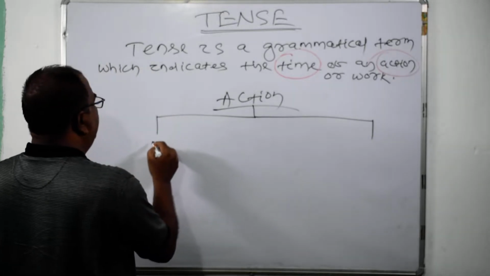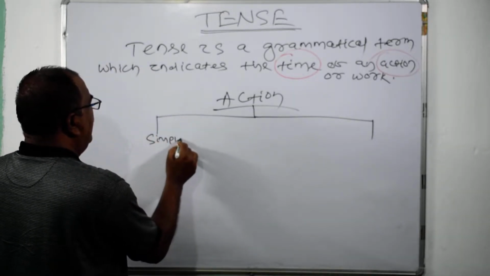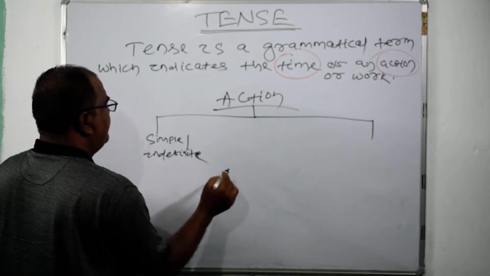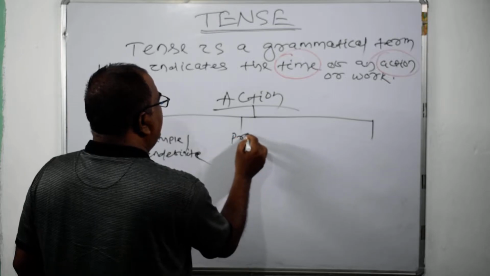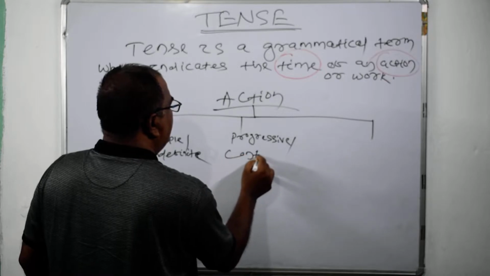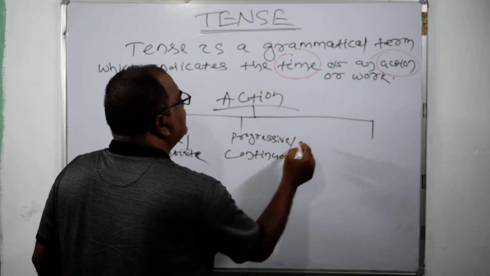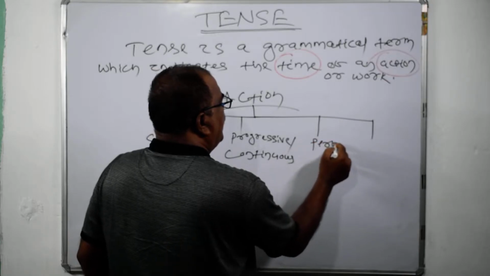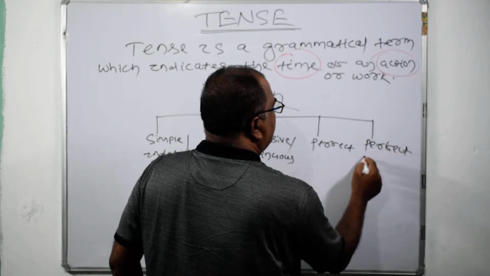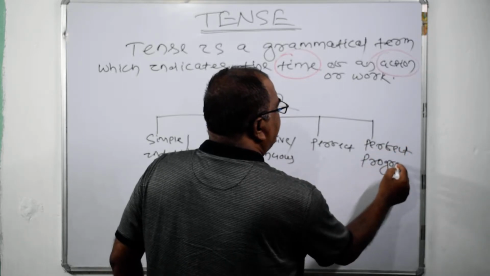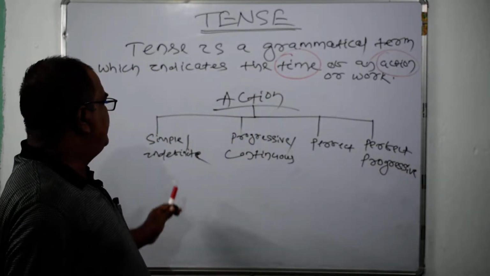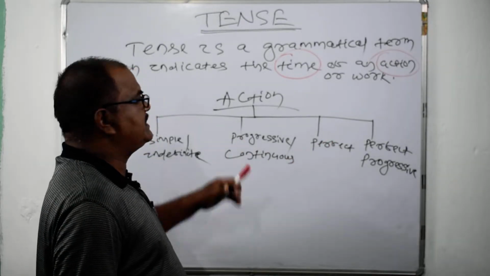They are simple or indefinite, progressive or continuous, perfect and perfect progressive. My dear students, these are the different categories of action.